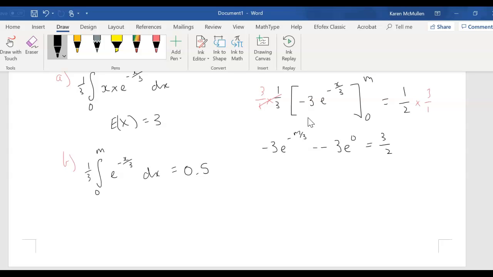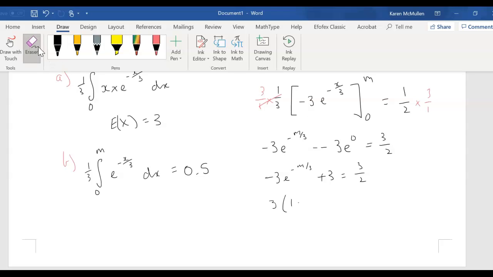All right, it's going to do something with those 3's, but let's just leave it for now. Plus, and so e to the power of 0, anything to the power of 0 is 1, so we've got plus 3. All right, and then I can take 3 out as a common factor.